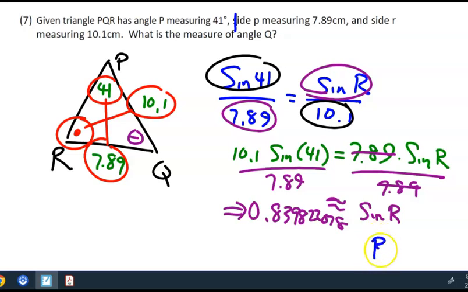So we're solving for angle R, which means we have to get rid of sine. So in this problem, we're going to do inverse sine to both sides. On the right side, inverse sine gets rid of sine, so the only thing left is R, which is going to be our angle. On the left side, we're going to do inverse sine of that entire decimal number. If you hit second sine, you get sine to the -1, which is inverse sine.